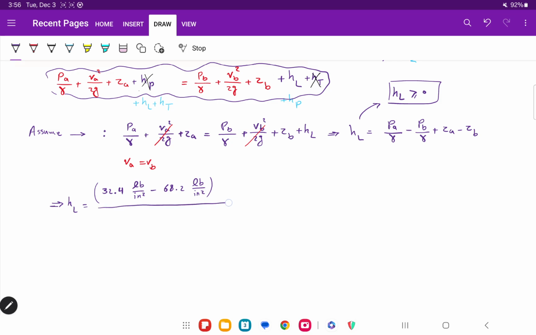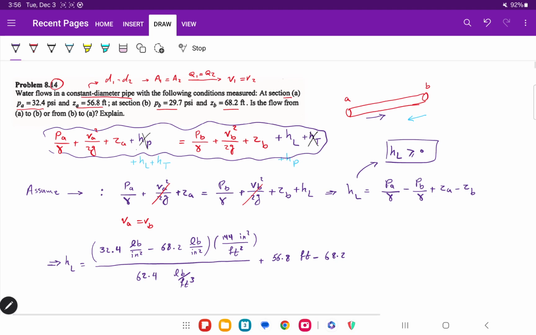Don't forget to convert square inches to square feet. Gamma of water is 62.4 pounds per cubic foot, plus ZA, 56.8 feet, minus ZB, 68.2.